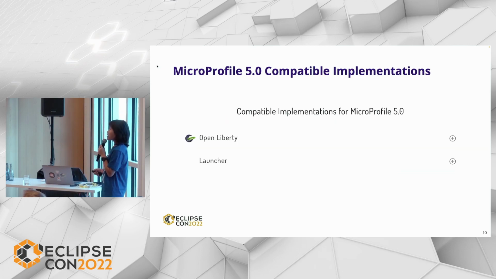So these are the current compatible implementations for 5, and hopefully more runtimes will be added very soon. Here are OpenLiberty and Launcher, the current certified implementations for MicroProfile 5.